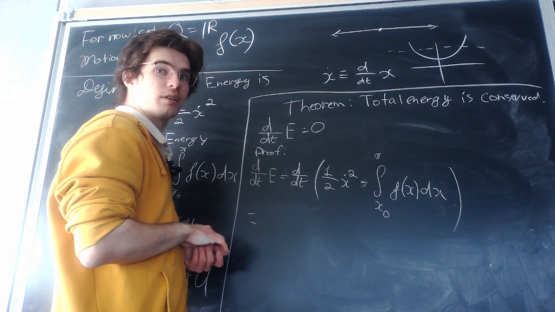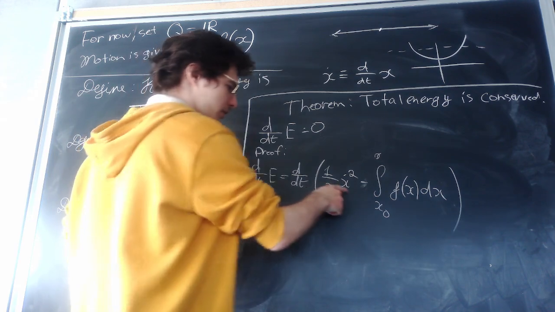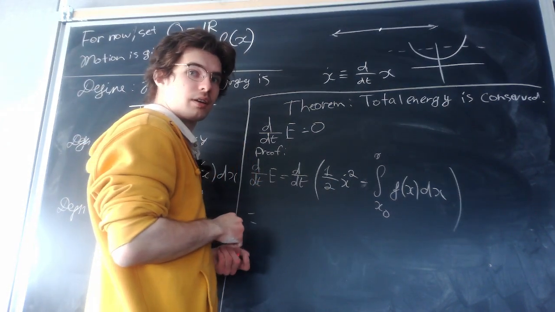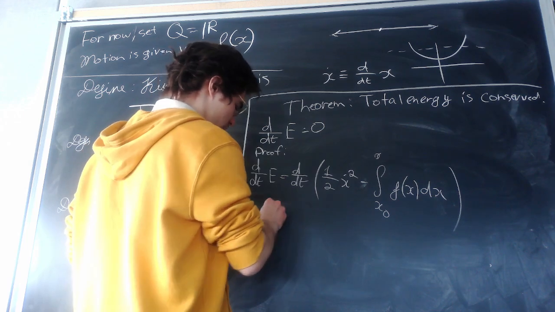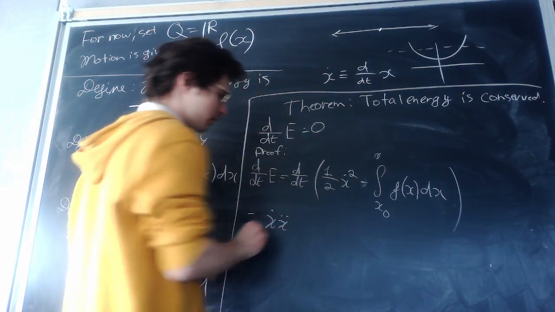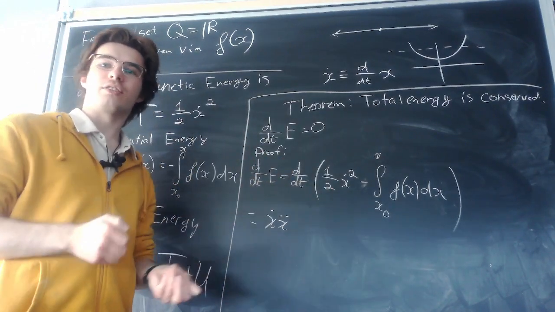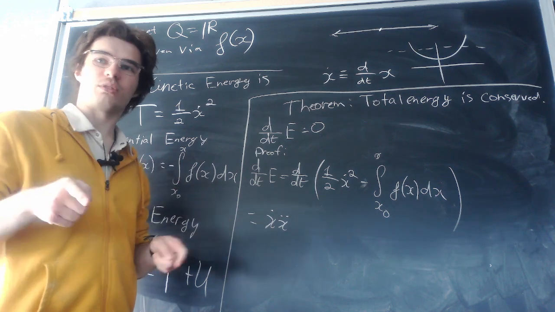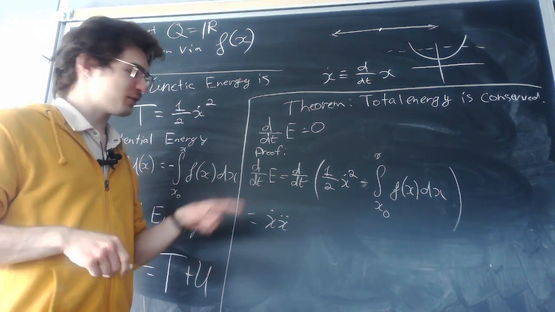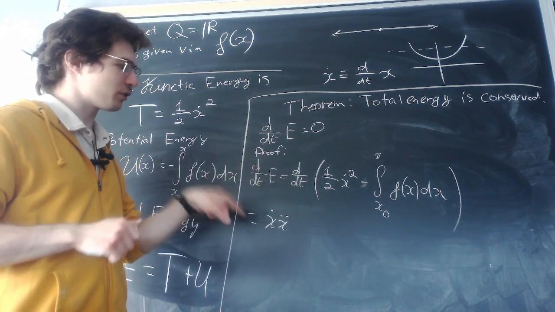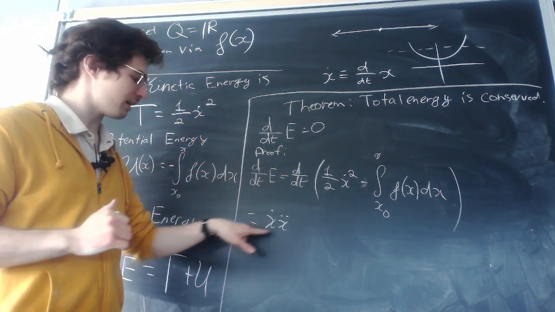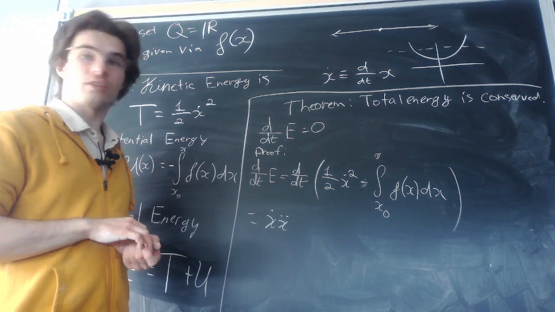Well, no, not quite. I'd have x dot times x double dot, because this is x dot squared, so I do chain rule. I first do 2x dot and then multiply by the derivative of the thing inside and get x double dot. Yes? Okay.